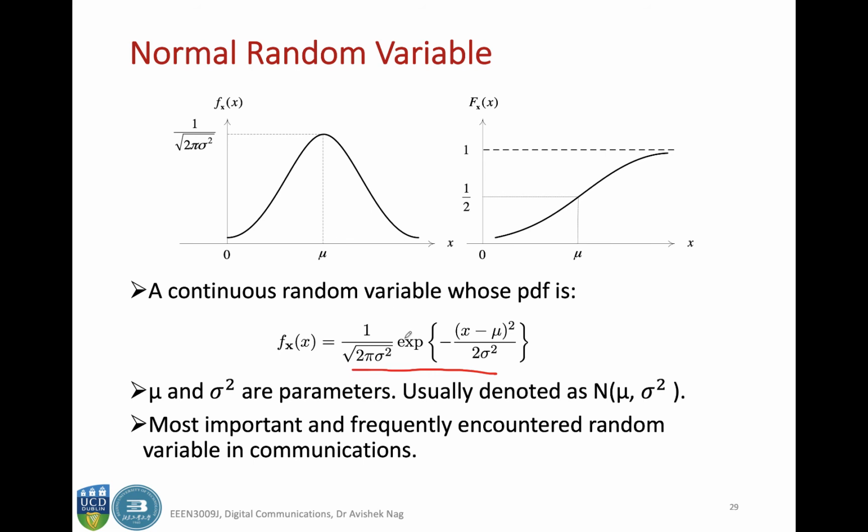The noise in a communication system is a normally distributed random process. So you will be using this expression many times in future in this module. This expression has two particular parameters. One is the mean mu, and the other one is the variance sigma square.